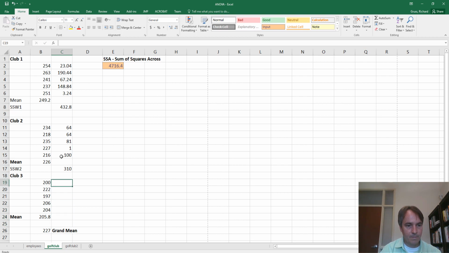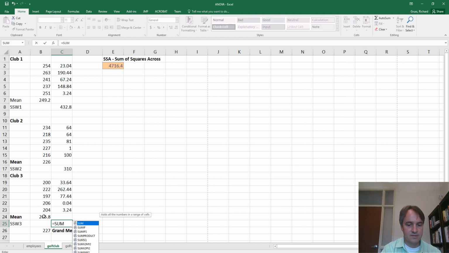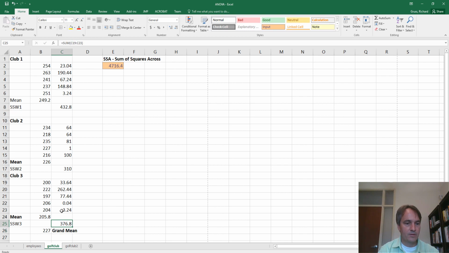And now I need to find these distances again. So this one minus the group mean, absolute reference, squared. We find that for each of those. And so the sum of squares within for group 3 or club 3 is going to be the sum of these. Okay, 376.8.